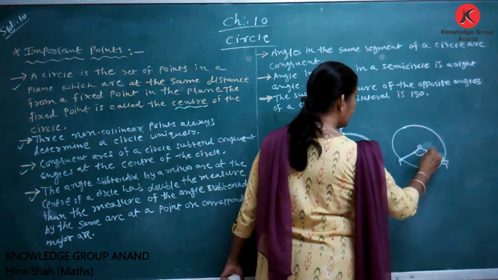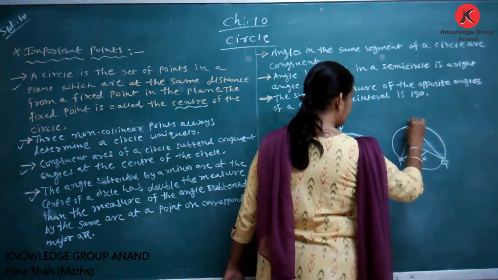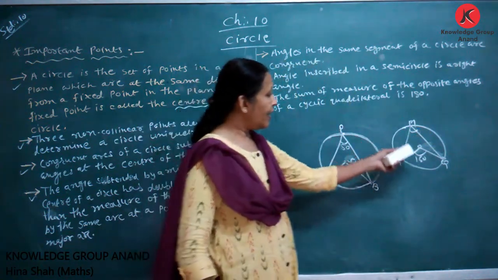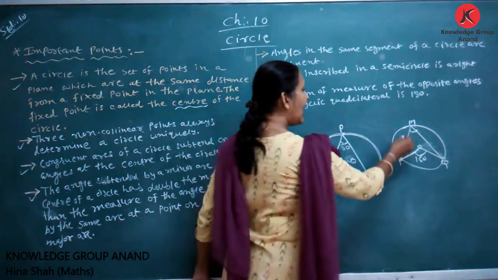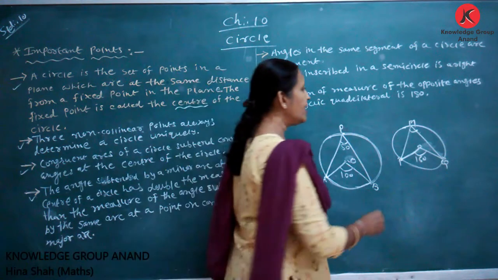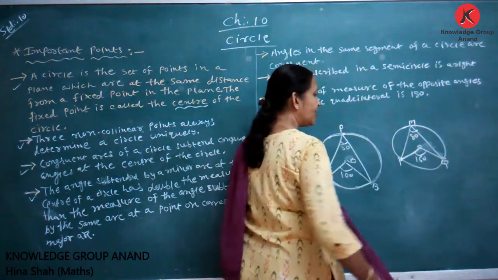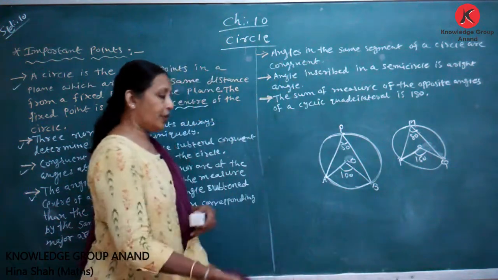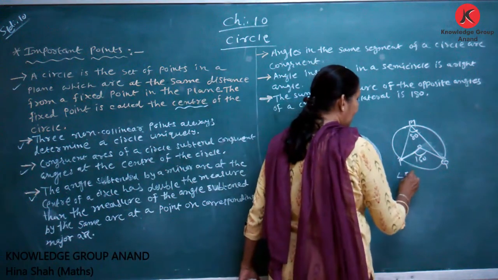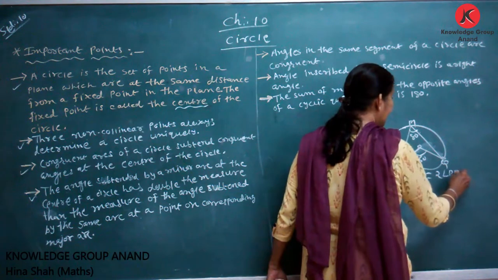Now suppose angle POQ is 160. Then find the measure of angle PMQ at point M. The center angle is double, so this one is half. In 9th standard we proved this theorem. Half of 160 is 80. So angle POQ is equal to twice angle PMQ.